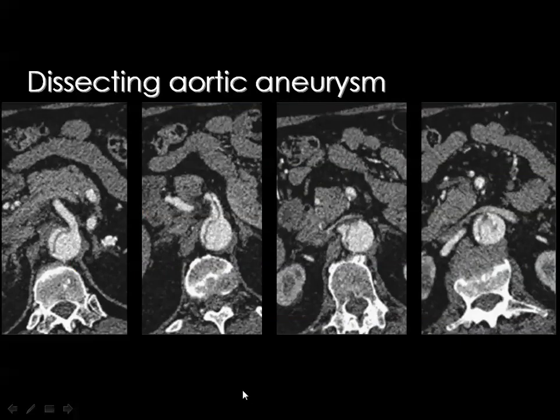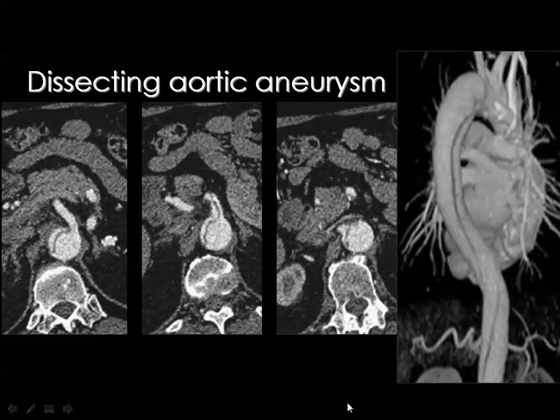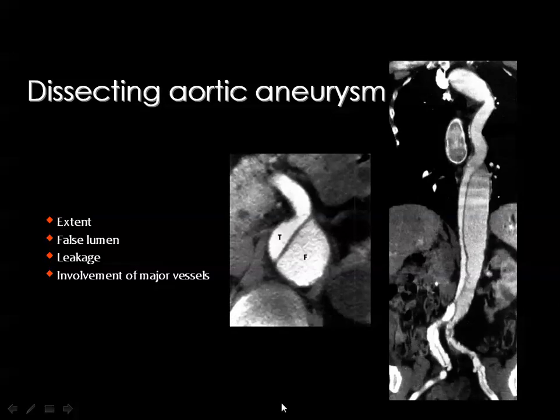And the dissection is also an easy diagnosis by the use of contrast enhanced CT scan, where you can identify the intimal flap, and you can appreciate the extent of the dissection within the branches of the aorta, like the superior mesenteric artery and the other branches. And whenever you have the reconstructed images in 2D or 3D planes, you can appreciate the extent of the intimal flap throughout the aorta and the involvement of the iliac arteries if present.